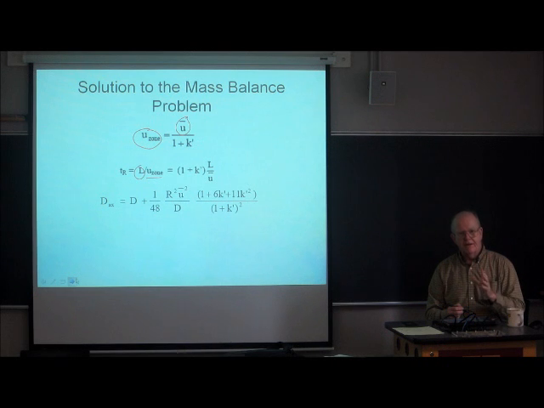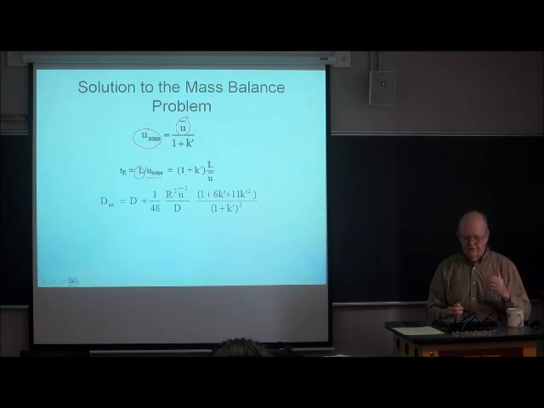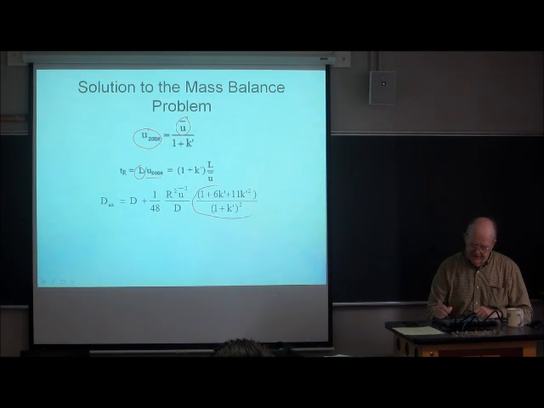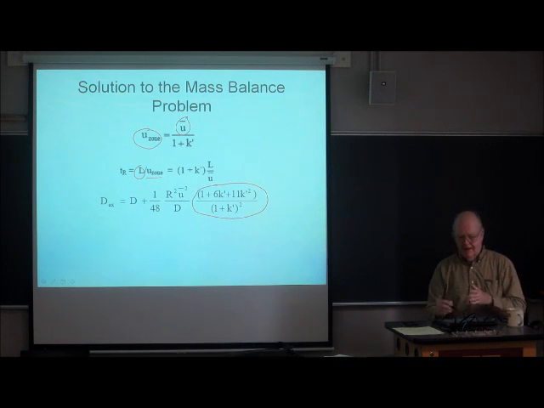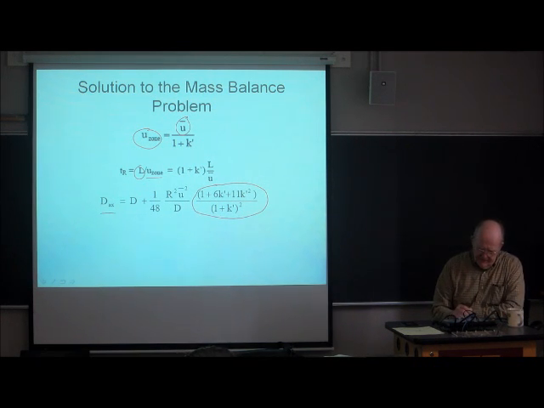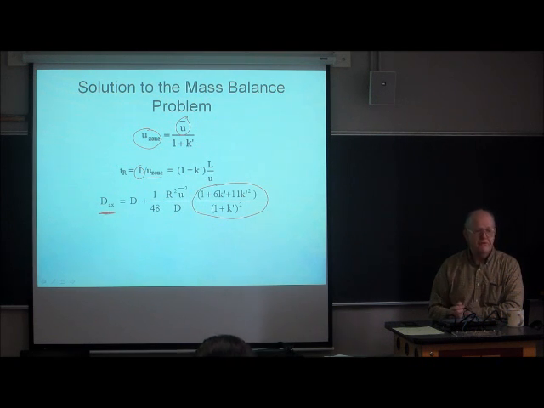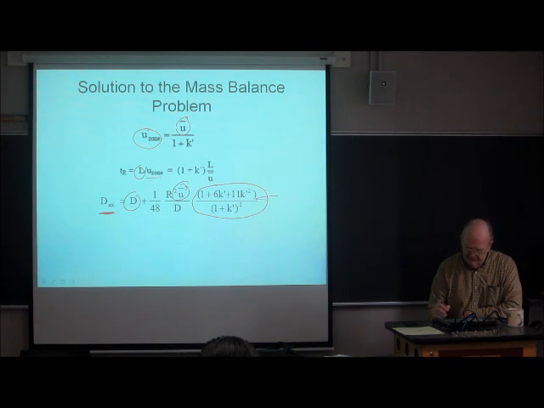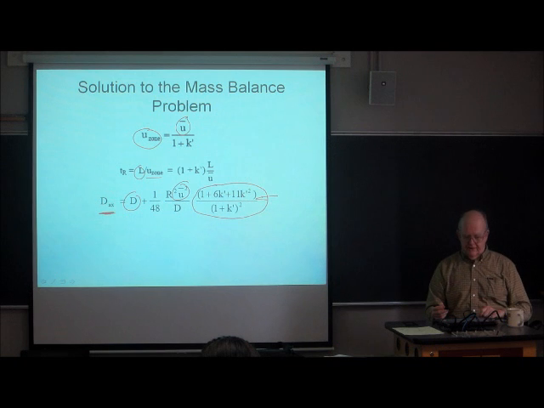However, we have to modify the Harris dispersion coefficient by multiplying it by all this stuff. And this comes out of the solution of the differential equation. The differential equation now has a K prime dependence. And when you turn the arithmetic crank, this is what falls out of it. So we now have a dispersion coefficient which depends upon diffusion coefficients, depends upon velocities, and also depends upon how much retention you have.